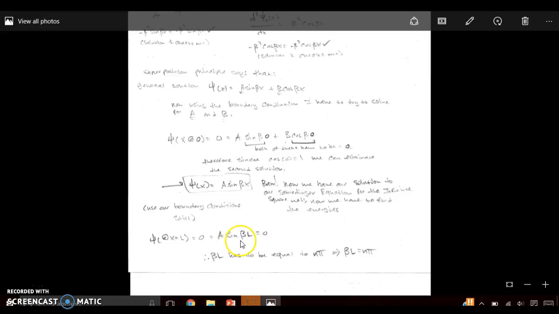So we know just from our understanding of trig functions, sine of what gives you 0? Well, sine of any integer times pi gives you 0. So therefore, beta L must be equal to n pi. We know beta has something to do with our energy. That's why we're dealing with beta L, because beta L has energy in it.